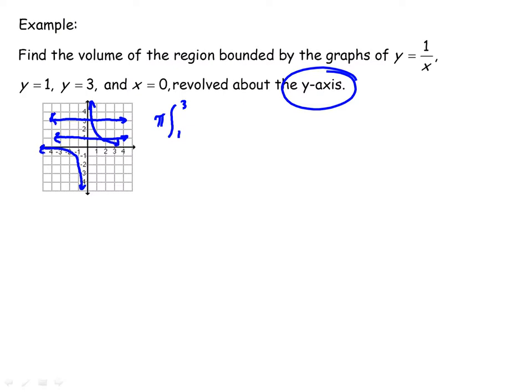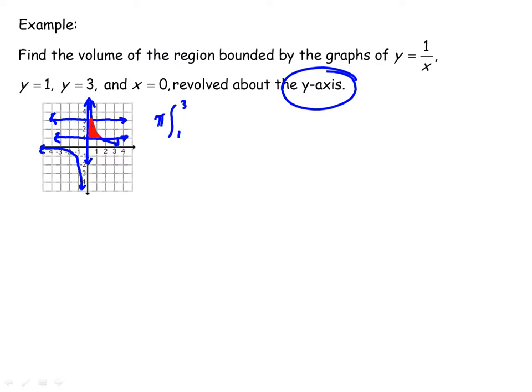And x equals 0 is here. So that's what we're looking for.